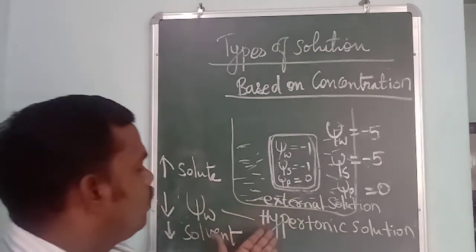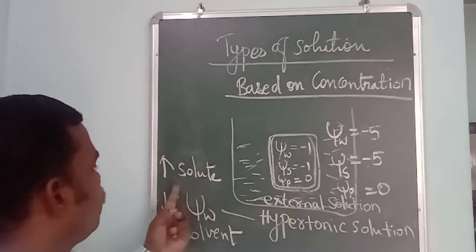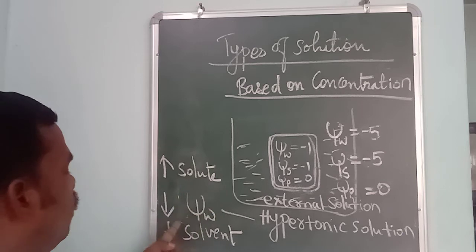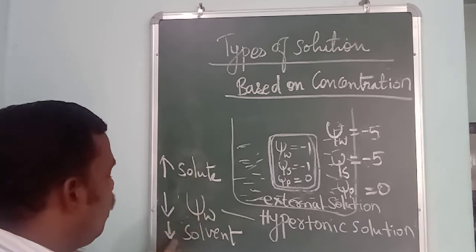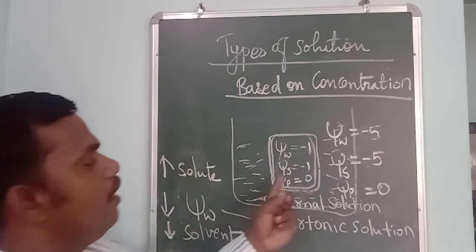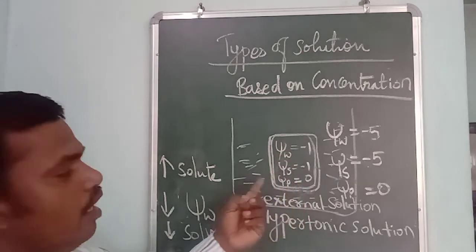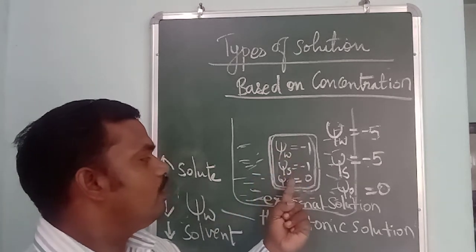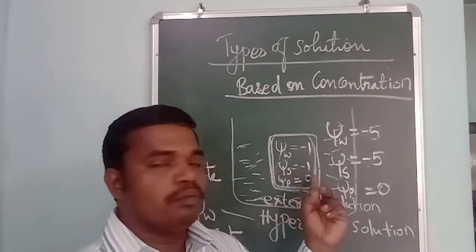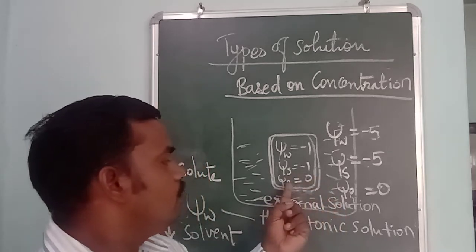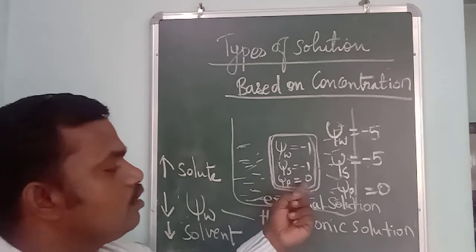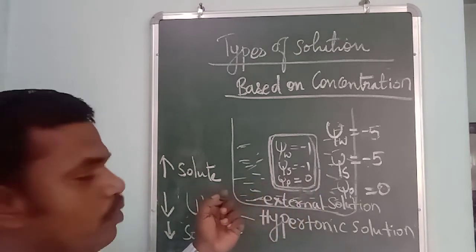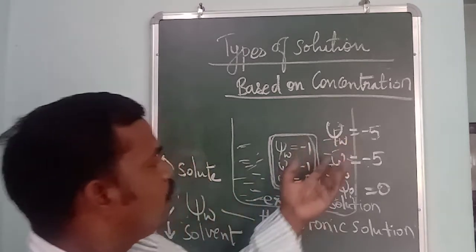According to the external hypertonic solution, we have high solute molecules, then low water potential and low solvent. Inside the cell you are able to see that water potential is -1 and solute potential is -1. Then the pressure is normal. So pressure potential is 0 here.